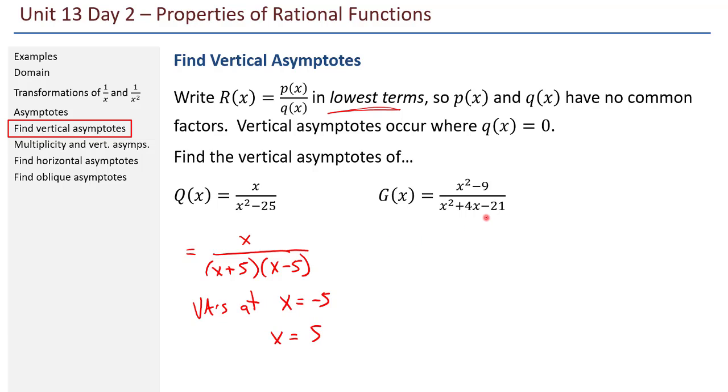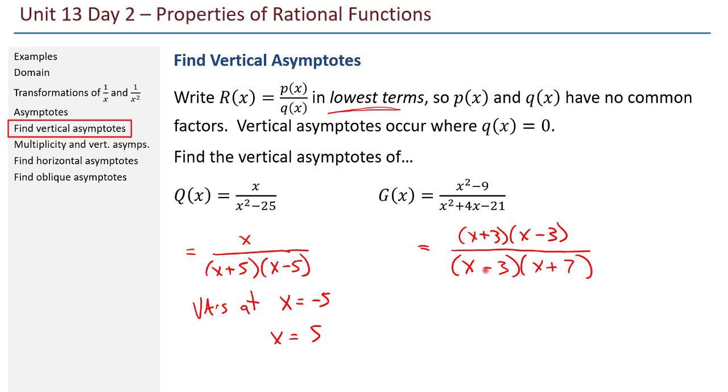How about this next example, g of x? Again, let's factor the top and the bottom. All right, so I've factored the top and I've factored the bottom, and it does look like there's a common factor here. Now, 3 is definitely not in the domain of this function, but it's also not where a vertical asymptote occurs.